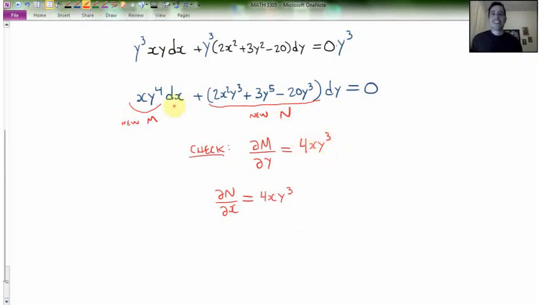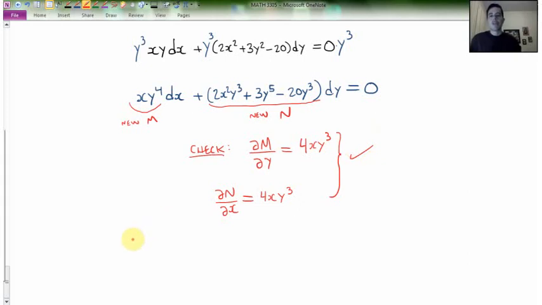Now it's equal. On the other side, partial n, partial x is 2 times 2, 4x, times y cubed. The other two expressions don't have x, so the derivative is 0.